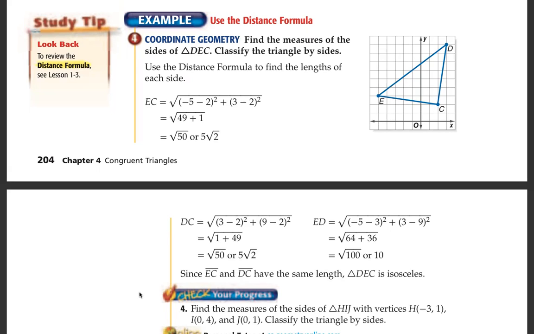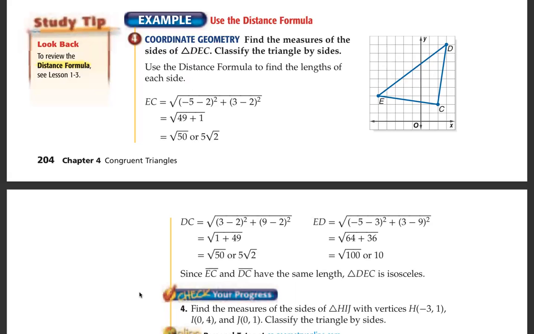So again, here, how do we use the distance formula? We use the distance formula here to find the measurements of the sides, because we are going to classify the triangle based on the sides. So we are just concerned if there are two equal sides, if all the sides are equal, or there are no equal sides in the triangle. So you have there EC is square root of 50.